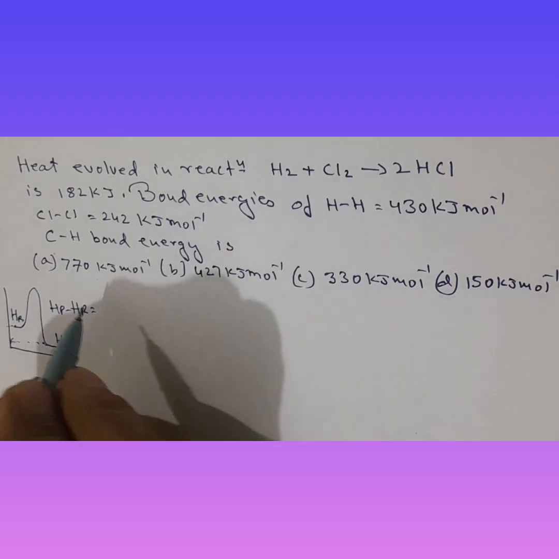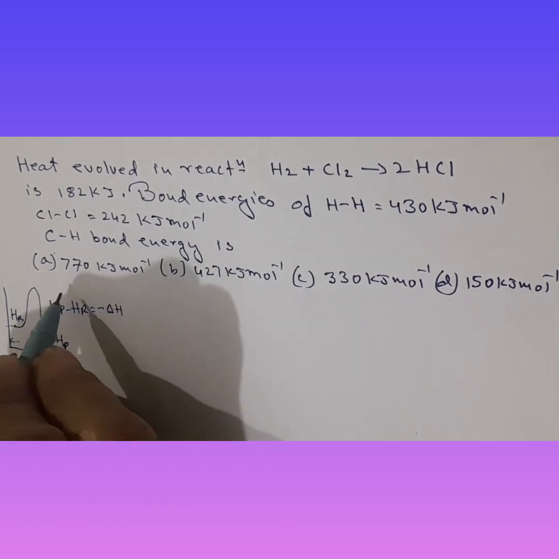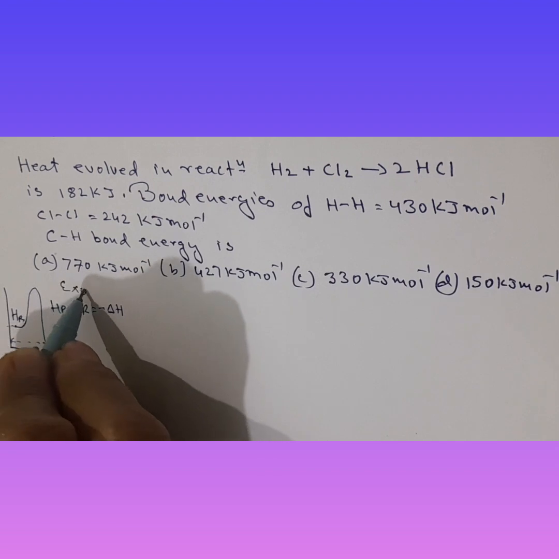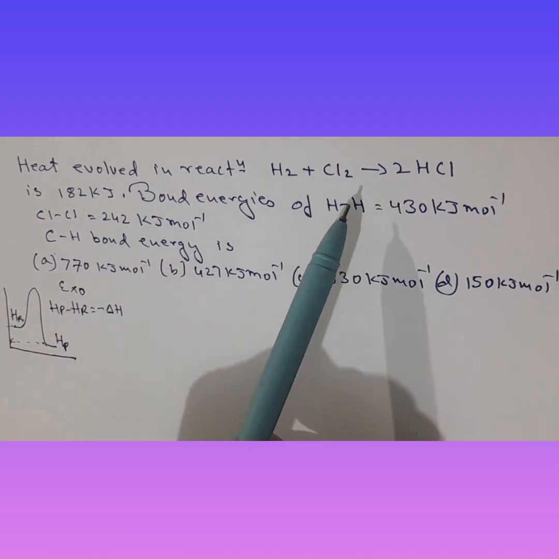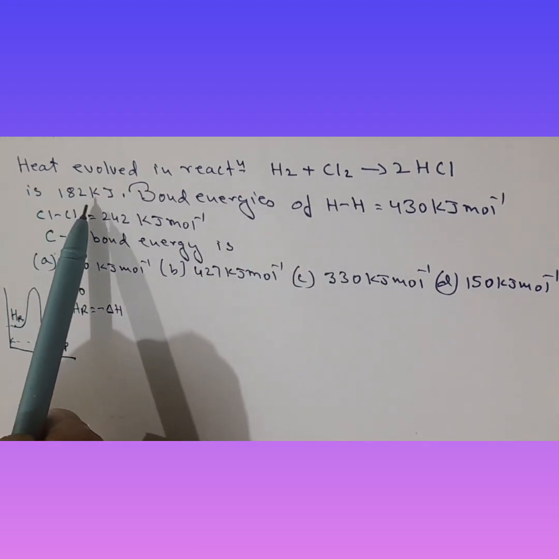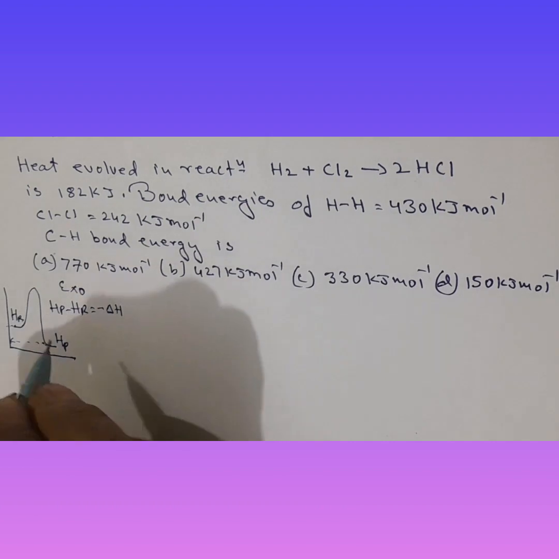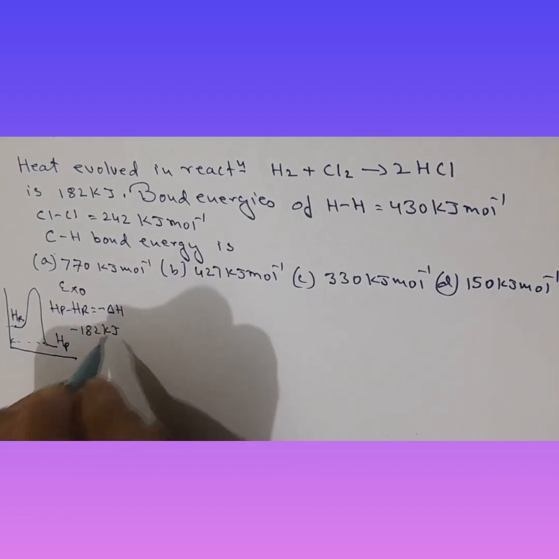As a result, del H would be negative, and this would be exothermic, evolving heat. So here we have heat evolved as 182 kilojoules, so this would be minus 182 kilojoules.